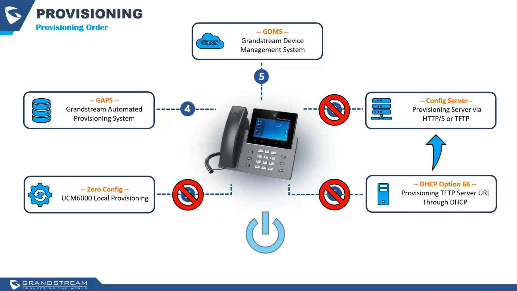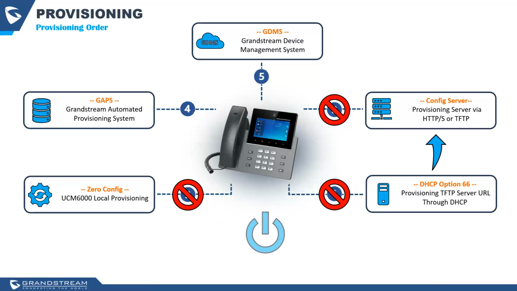So for the same device, we have two different time zones. And the question here is which one will be implemented? And the answer is the one that is last pushed to the phone will be implemented. So when GDMS is used with the other ones, the last configuration will be implemented.